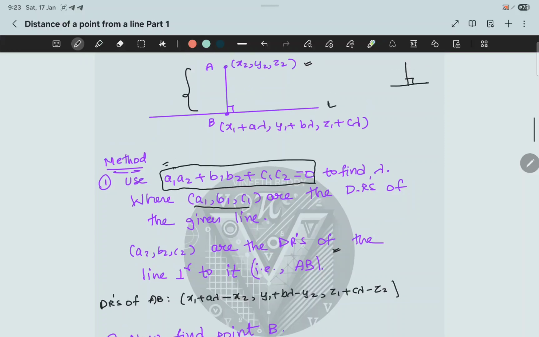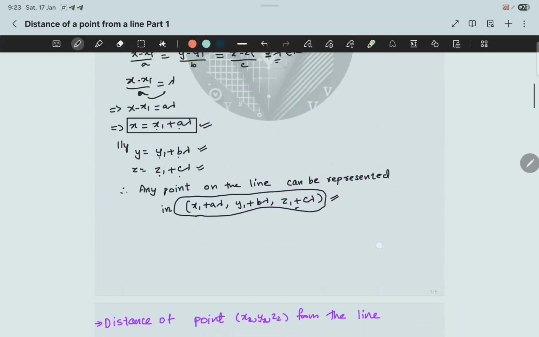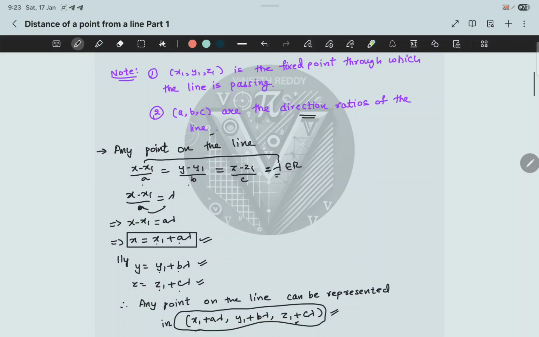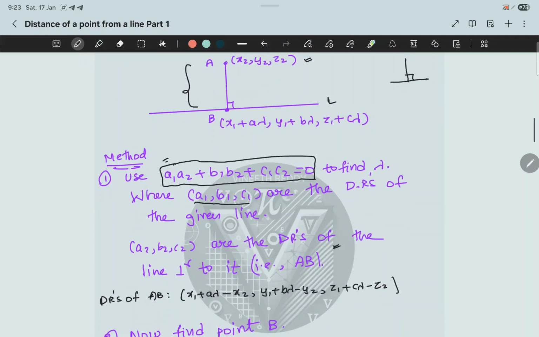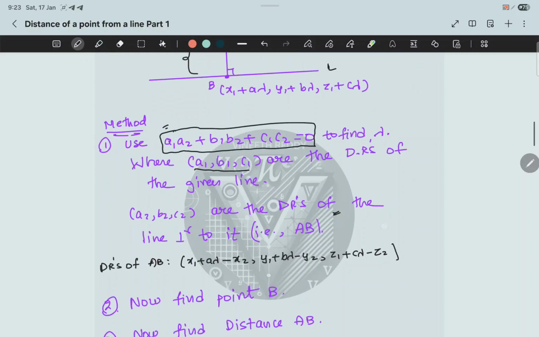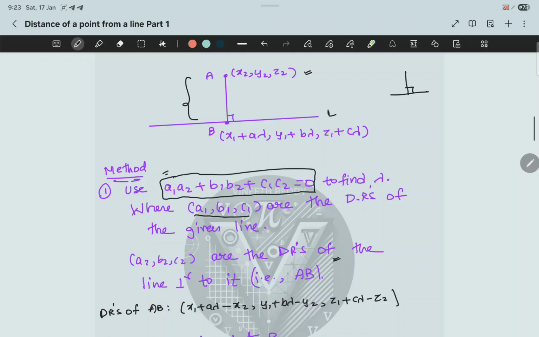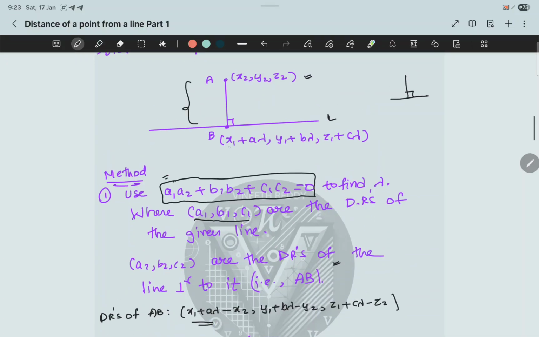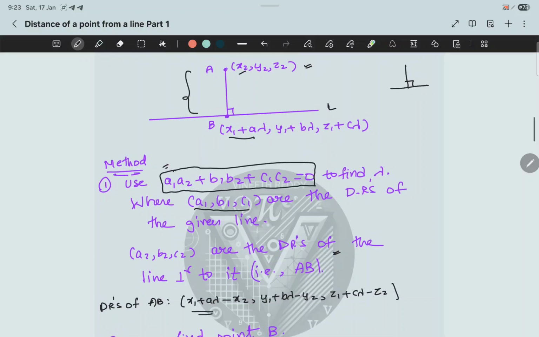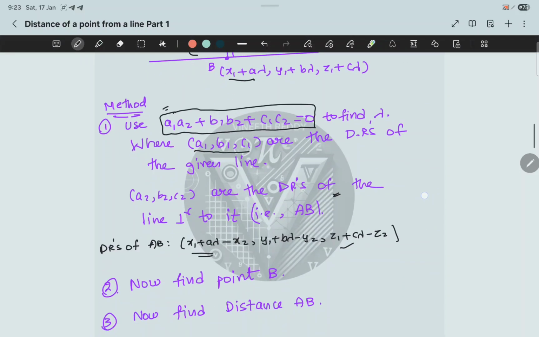Now how do you find the direction ratios of the given line? That we already know, that will be given in the question, that is a, b, c will be the direction ratios of the given line L. That means a1 b1 c1 will be given in the question. And how do we find a2 b2 c2? Very simple. We find the direction ratios of the line AB in this way, that is x1 plus a lambda minus x2, y1 plus b lambda minus y2, z1 plus c lambda minus z2.